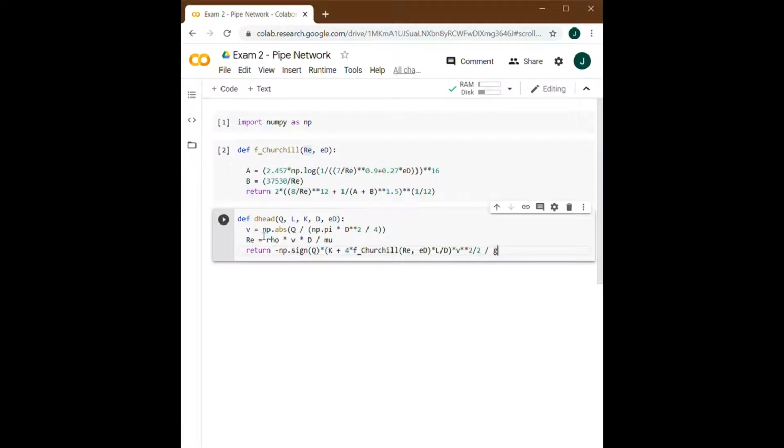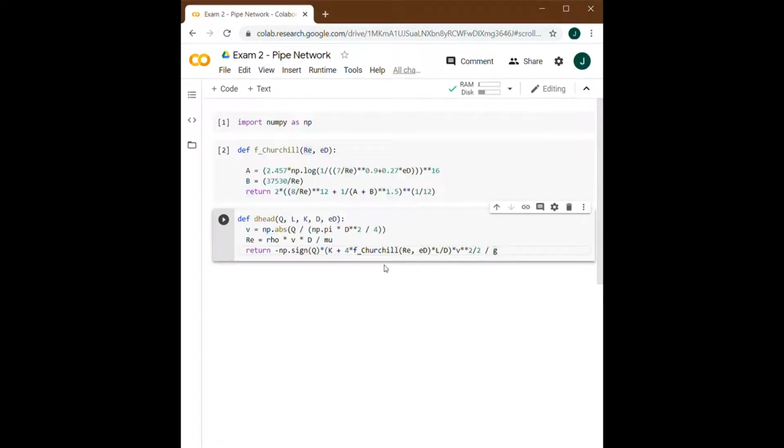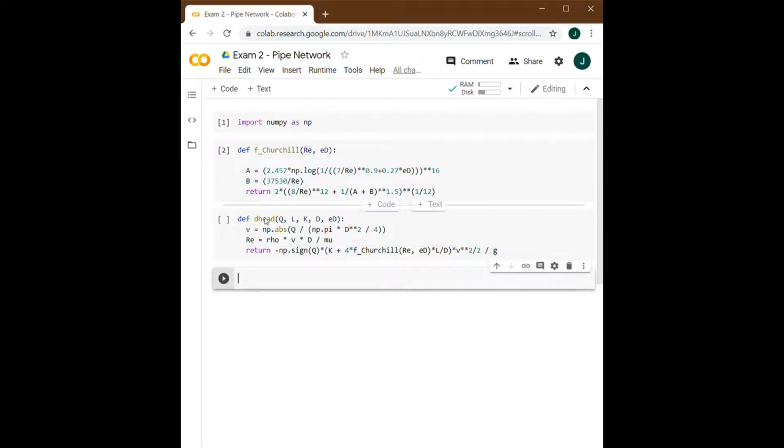Now that we have our function for calculating the drop of head over a pipe, we're going to create a function for the flow through a pipe. I made an error earlier. I kept referring to this function as a delta head. That was not correct.